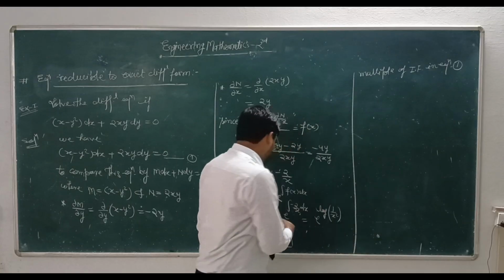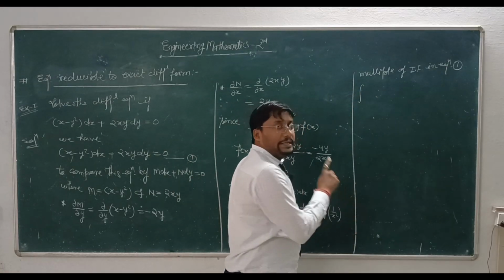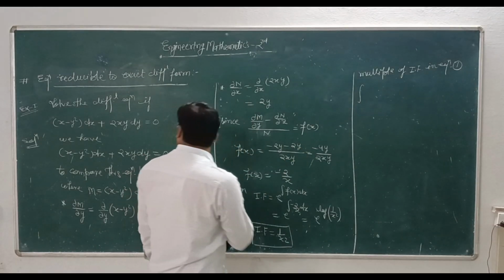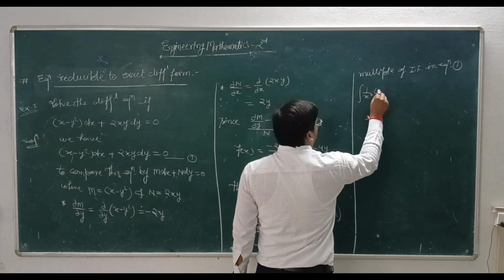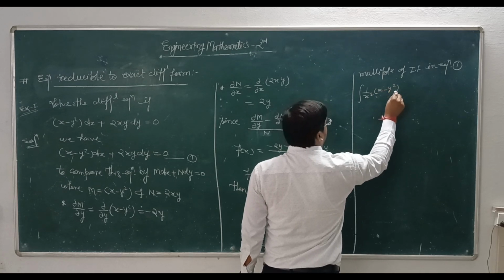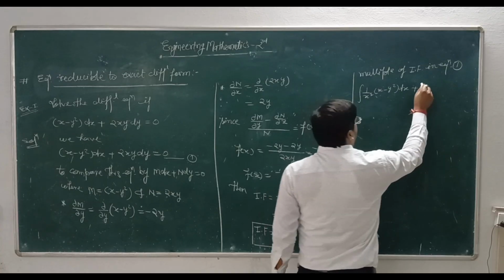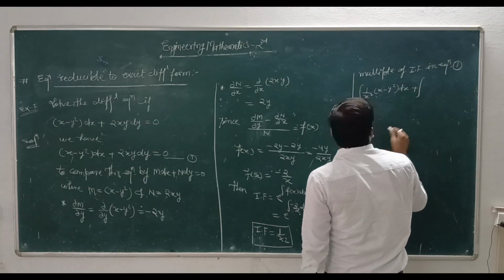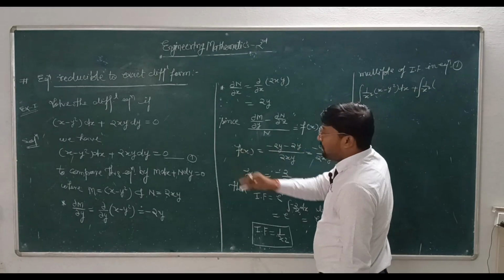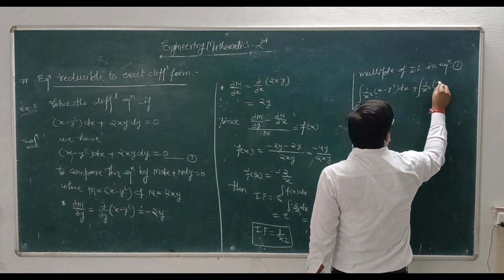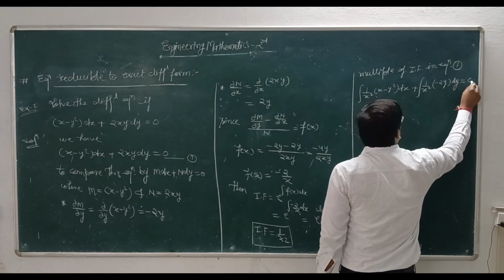Now take the integration of (1/x²)(x − y²) dx plus the integration of (1/x²) times the value of N, that is 2y dy, is equal to c.